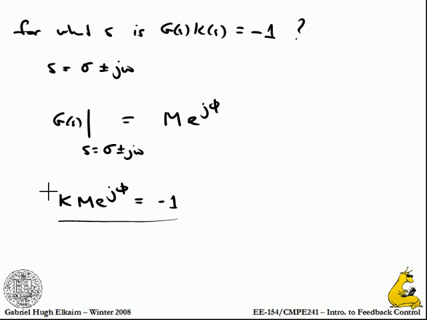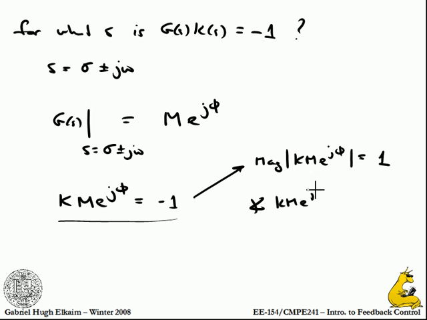Well, it doesn't tell me anything about stability, all right? But you did catch a thing. It means that the magnitude of k m e to the j phi is equal to what? 1. And the phase of k m e to the j phi is equal to plus or minus 180, or pi if you're working in radians.